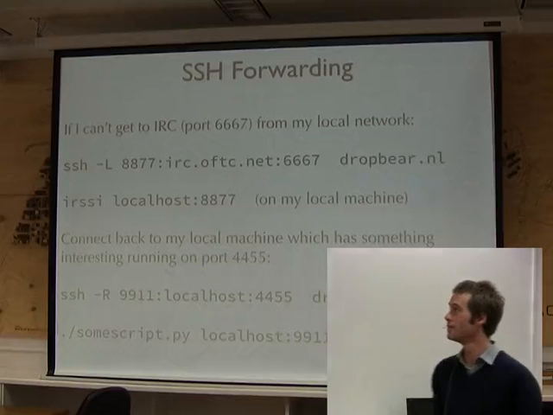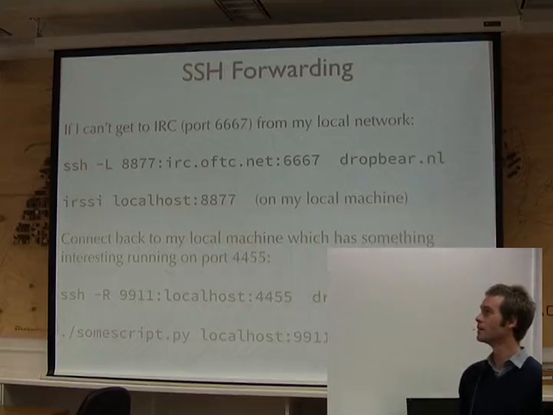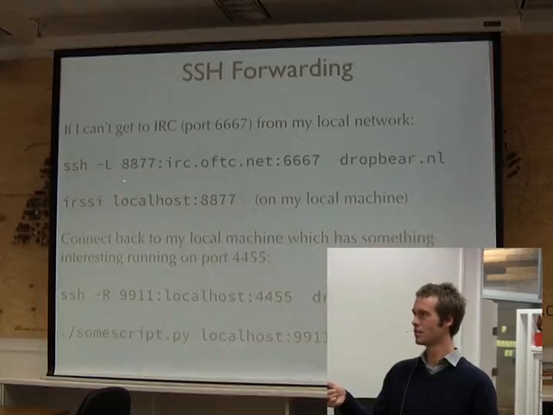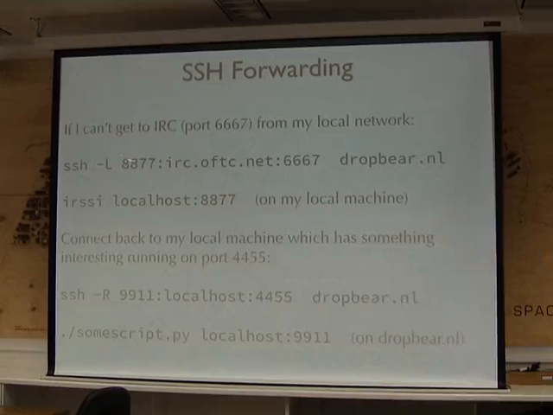So if I'm on my local network, maybe at work or something, where we can't get anywhere, but pretend somewhere a bit less restrictive. You say, okay, I want to get to IRC, and I can't. So you say, okay, SSH to a local port, and this is what your SSH program will then listen on. Then when anyone connects to that, it'll hop on to that host and port through this machine.